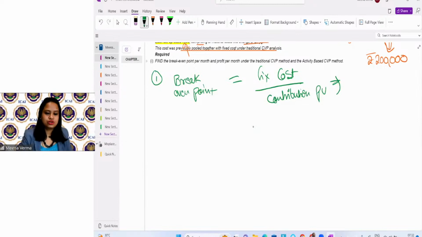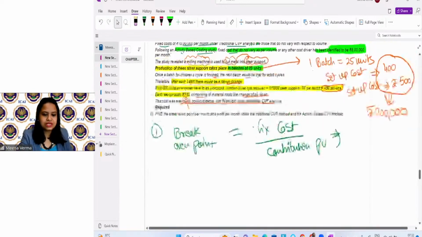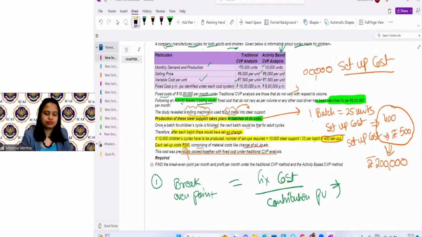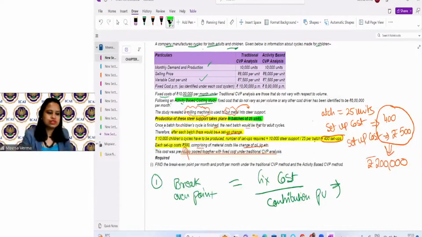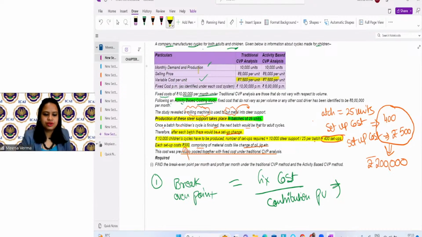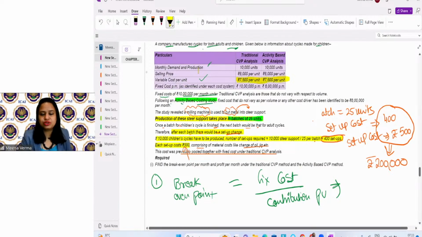All right. Now, if you see in both the cases, what are the fixed cost and what are the variable cost? First see the variable cost in both the cases. Variable cost is the same in both the cases. Sale is the same in both the cases.